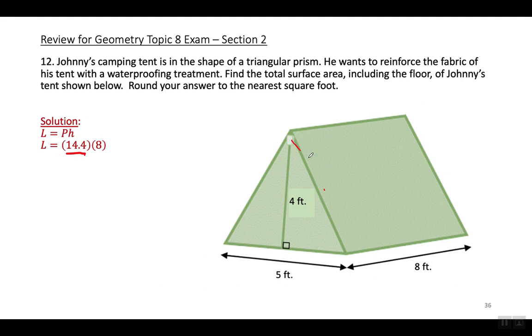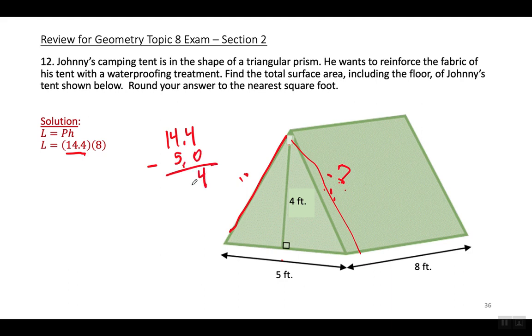Once I got this number, this side is going to be the same as this side. So whatever number you get for this side, it's the same on this side. And then you add this one plus the 5 to get the perimeter of the base. Actually, I could tell you right now what it was. If the perimeter of the base is 14.4, just subtract 5.